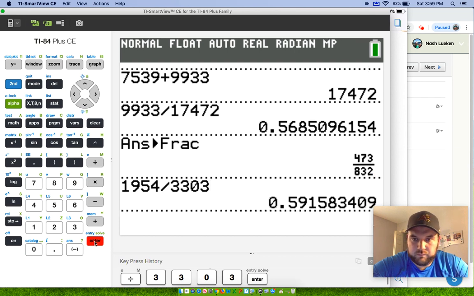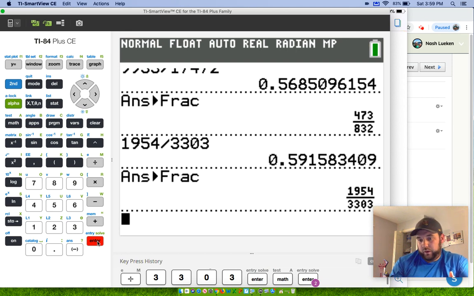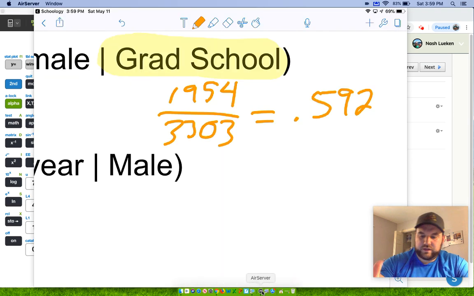And that gives me 0.592. That fraction can't be reduced because the math enter gave me the same thing. So about 0.592, or 59.2%. It's kind of interesting.